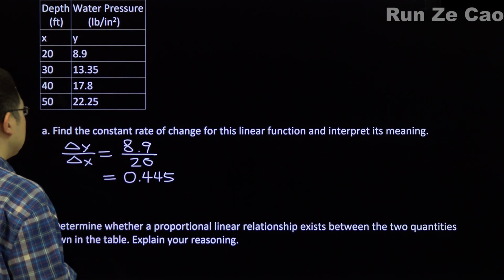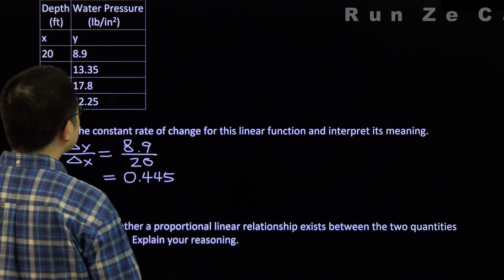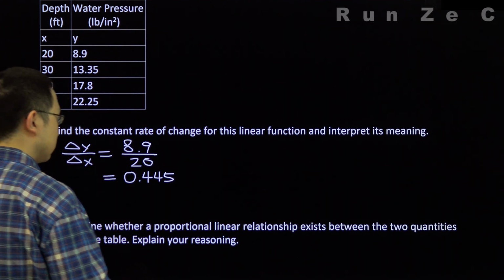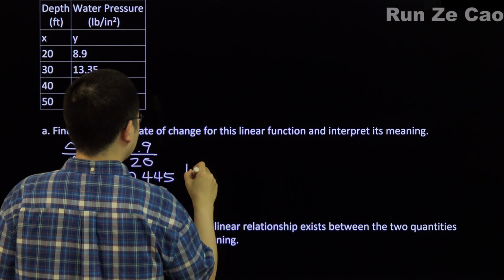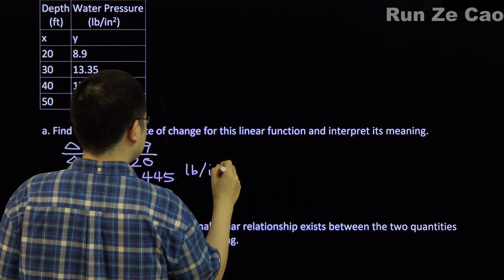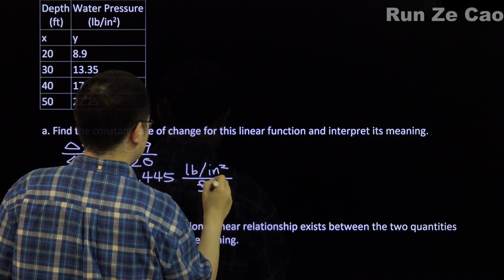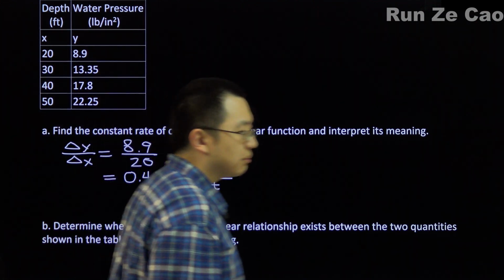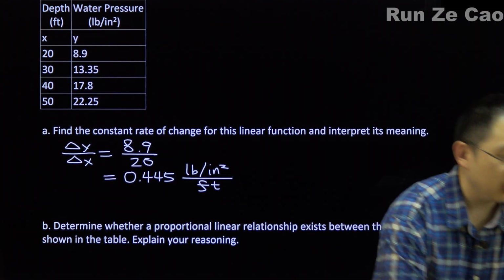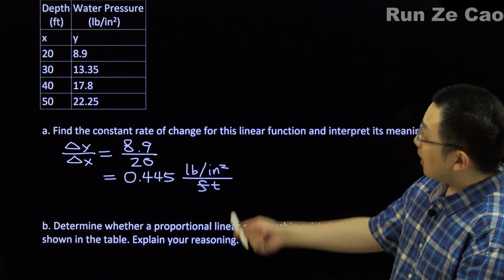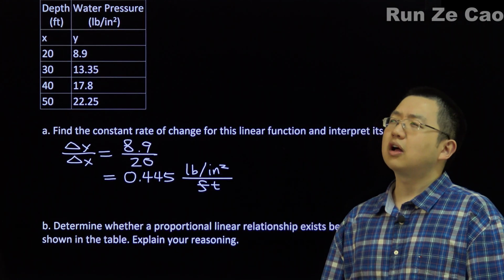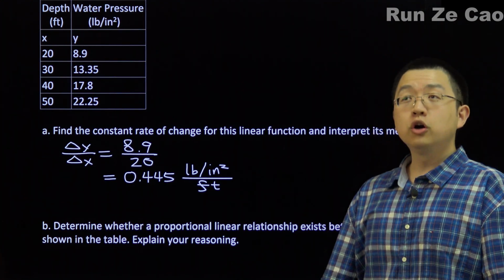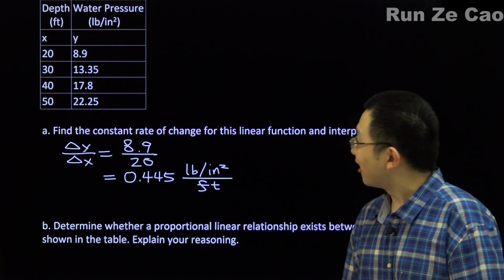This is going to be change in what? Pounds per square inch per foot. You'll find that these units often do something very funny if you simplify them too much. Like if you divide by square inches and then you divide by feet, oh hey, those are going to end up being per 12 cubic inches.